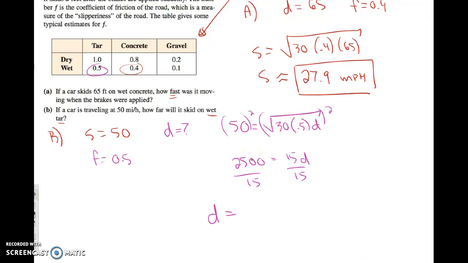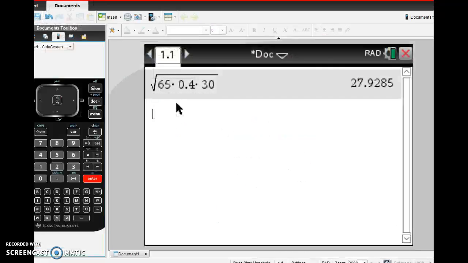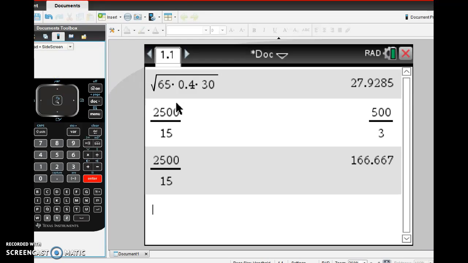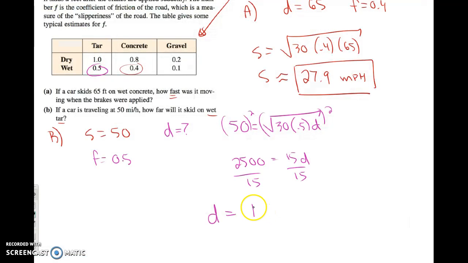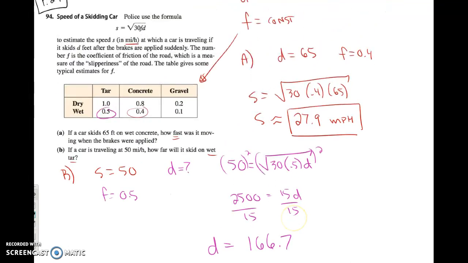We take a 5 out at any rate, but whatever. 2,500 divided by 15. Let's just do that in the calculator. 50 over 3, also known as 166.66. I'll go 166.7. Now that's D.